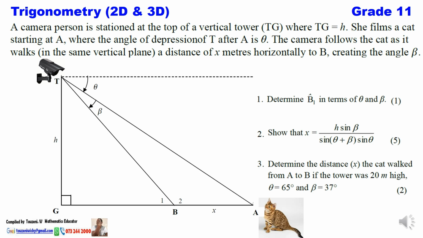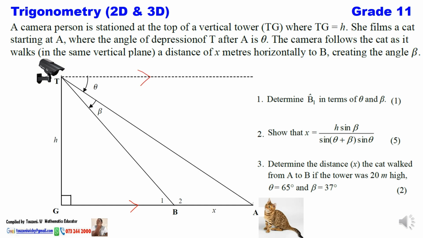If we have done some studies of the angle of depression and the angle of elevation, they are formed by horizontal lines. And because they are formed by horizontal lines, it follows that the angles are equal to each other. So in this diagram, the line at the bottom from G to A is a horizontal line, and the line up here is also a horizontal line.